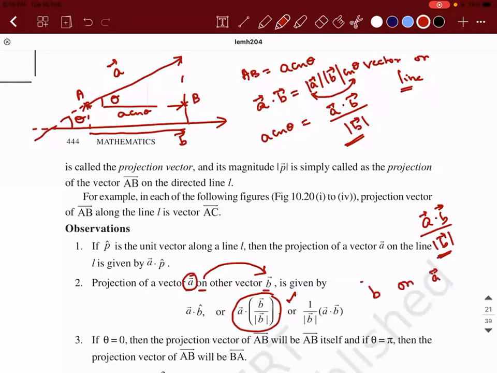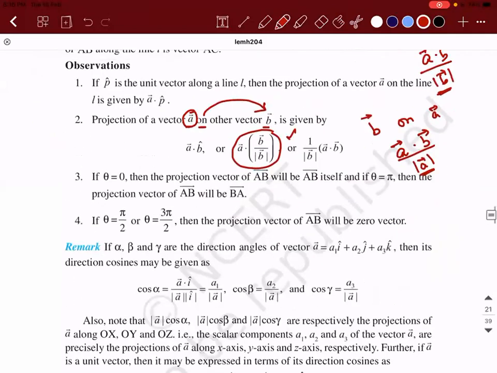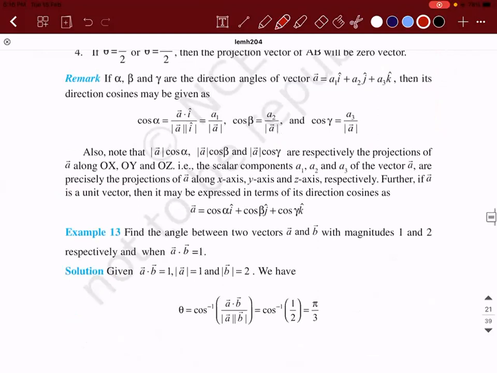Projection of B vector on A vector is A vector dot B vector divided by magnitude of A vector. Correct? This is how you're going to solve. So having all these things in mind, we will try solving the problems. Clear, guys? Everyone is clear? Just give me a confirmation. Yes, sir. Perfect. So let us start.